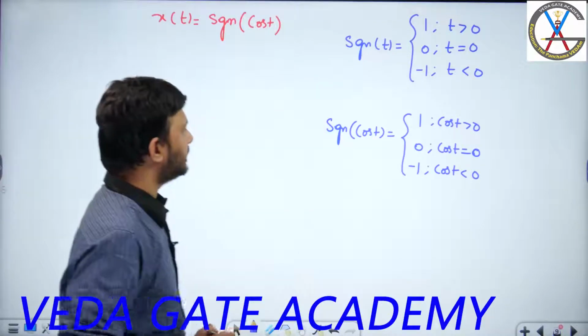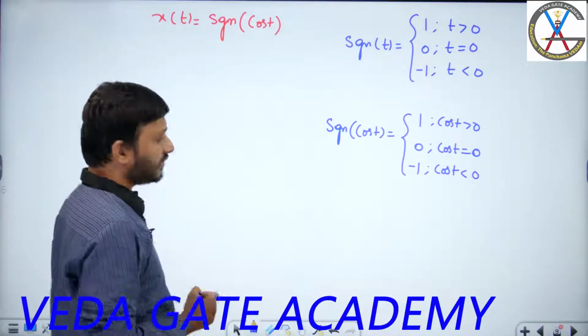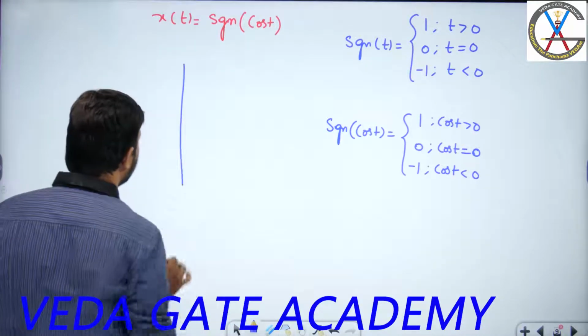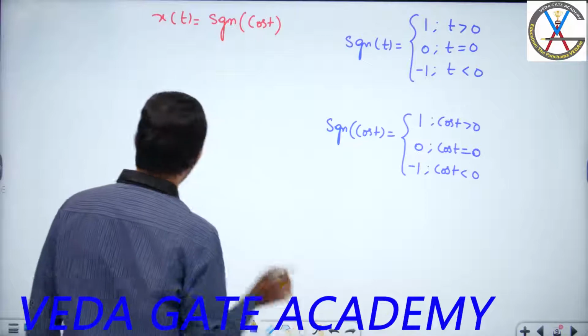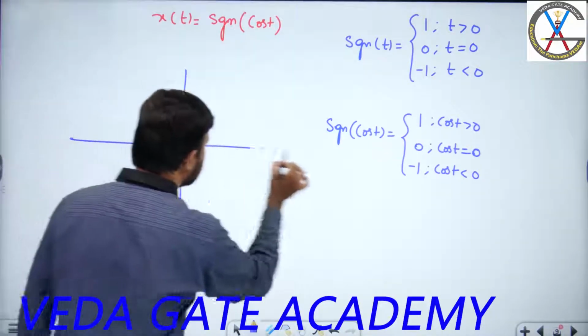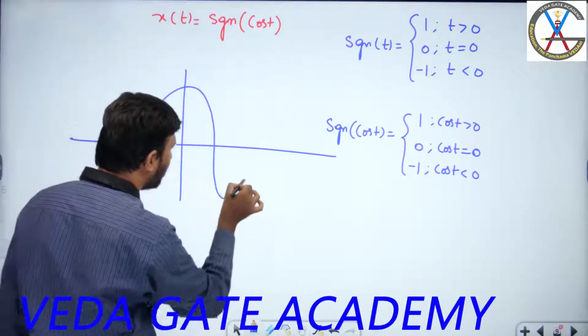Right? So let's draw. First of all, if you want to draw signum of cos t, you must draw cos t. We are familiar with the shape of cos t, no? Cos t is this kind of shape.